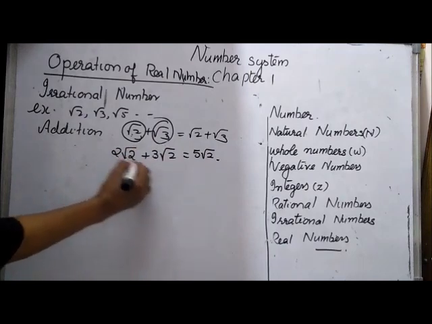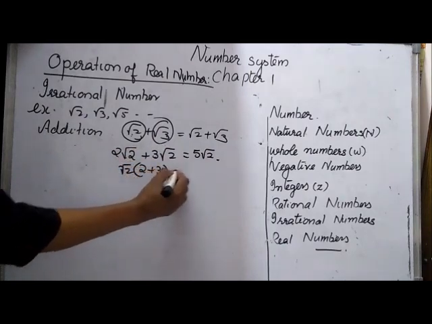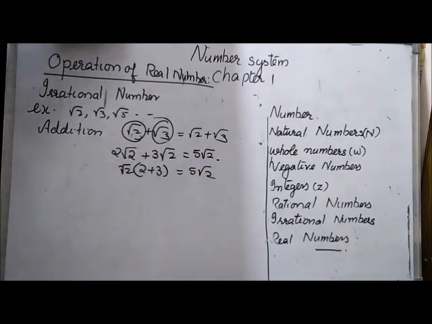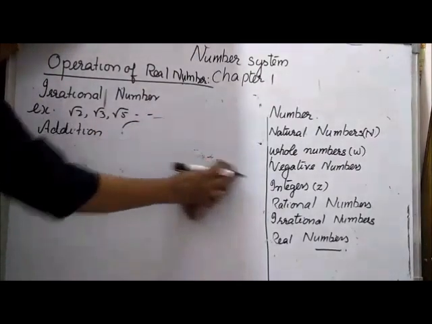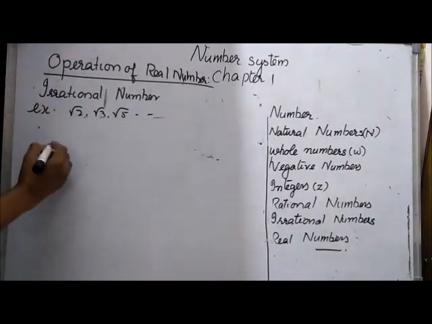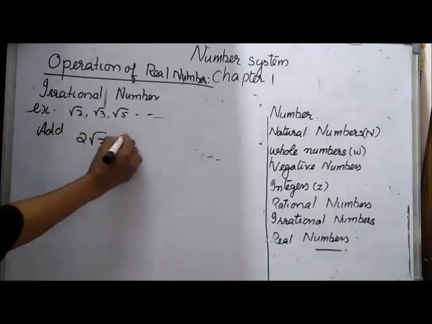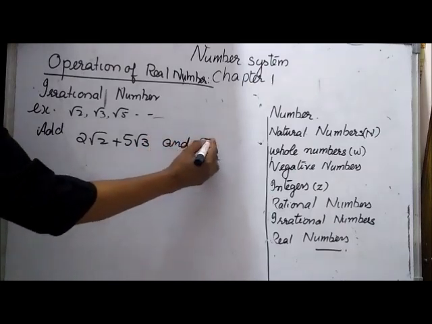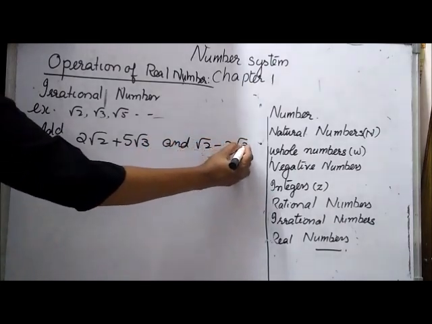In the same way for subtraction, if they are like terms we can subtract, and if unlike terms we cannot. Add 2 root 2 plus 5 root 3 and root 2 minus 3 root 3.